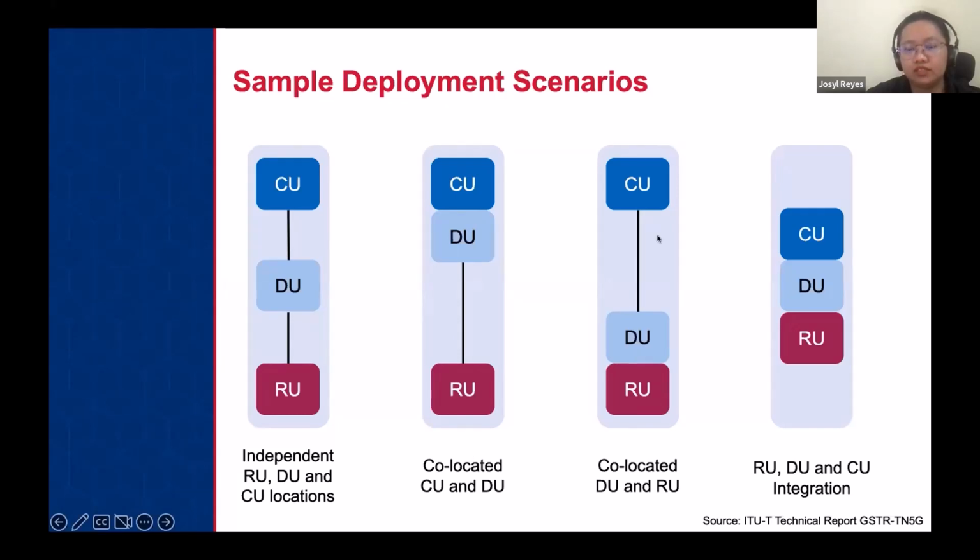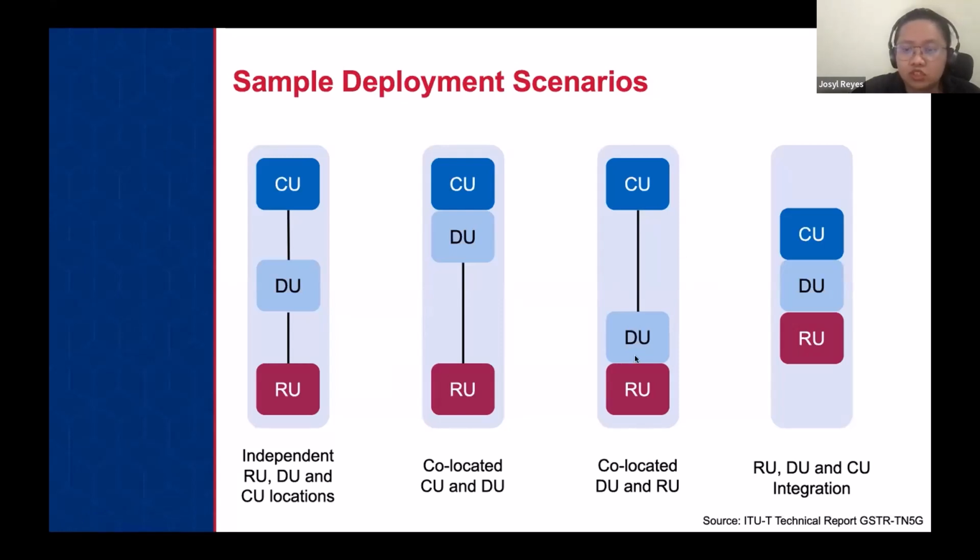And then here, in scenario 3, you have a co-located DU and RU. Here, of course, we have the midhaul interface. And then the fronthaul interface is very short. There is still a fronthaul interface here, the cable, but it's more likely just meters away.